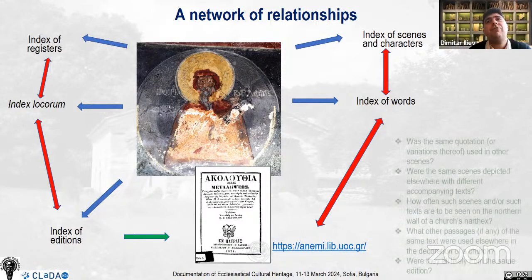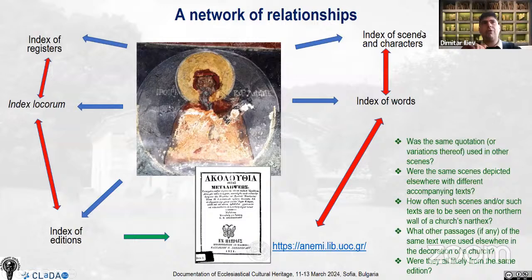So we can then try to answer the following questions. Was the same quotation or variations thereof used in other scenes held by other characters, etc.? Were the same scenes, for example, the prophet Balaam, depicted elsewhere with different accompanying texts? How often are such scenes or such texts to be seen in exactly this place, the northern wall of a church narthex, first register?